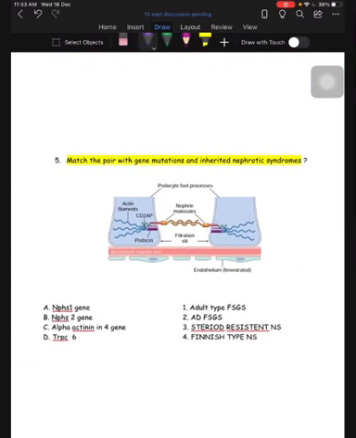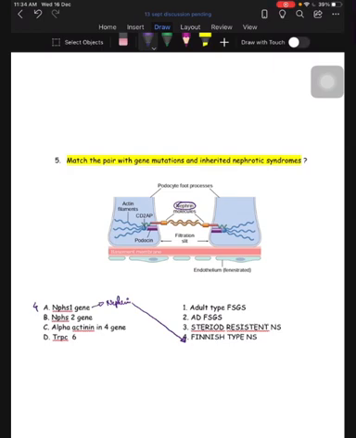The fifth question discusses gene mutations and inherited nephrotic syndrome. The first gene is the NPHS1 gene, which codes for nephrin. As you can see in the diagram, nephrin is the protein which holds the slit diaphragm of the filtration slit, and nephrin mutation causes the Finnish type of nephrotic syndrome.